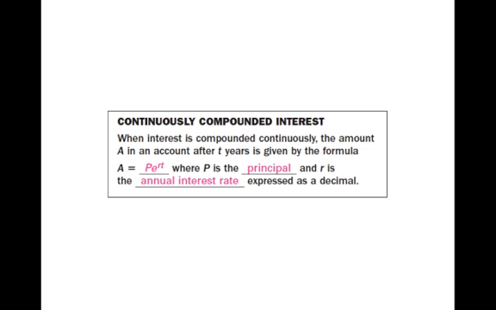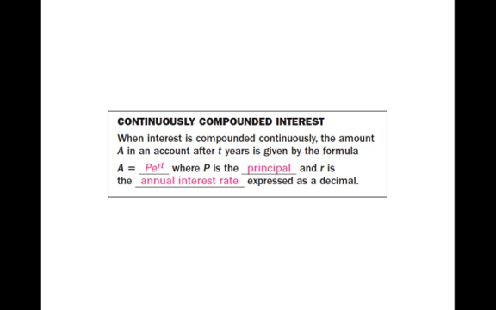So when interest is compounded continuously, the amount A in an account after t years is given by the formula A equals P times e to the rt, where P is the principal and r is the annual interest rate expressed as a decimal. So again, you don't need to memorize this, you just need to learn when to use what.